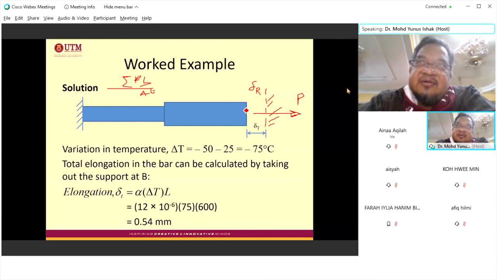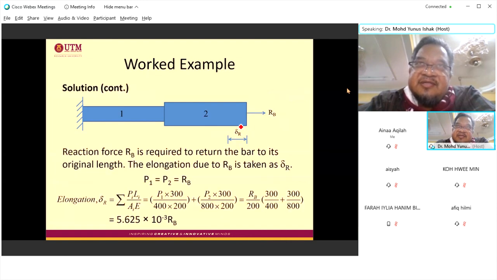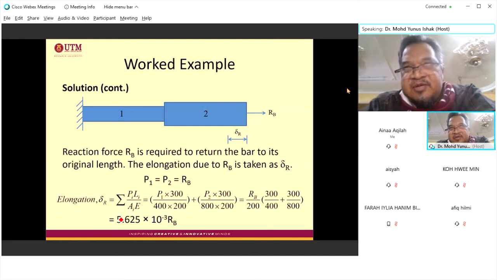Alright, so how much you must pull it back to the original position, delta L. So this is your R. So the force acting on these two segments is P1 and P2 and equal to R. PL over AE, so this is the amount that you need to pull it back to the original position.